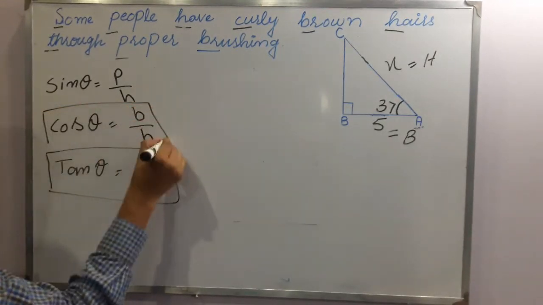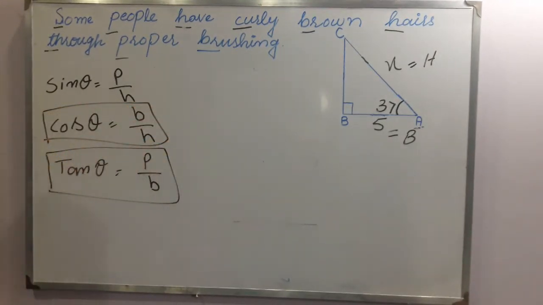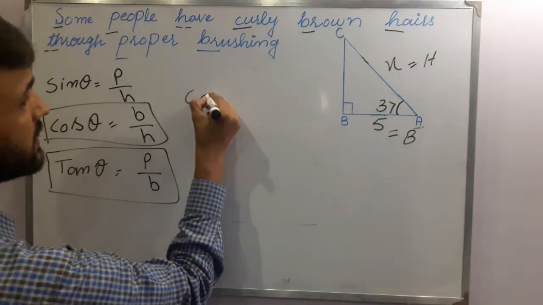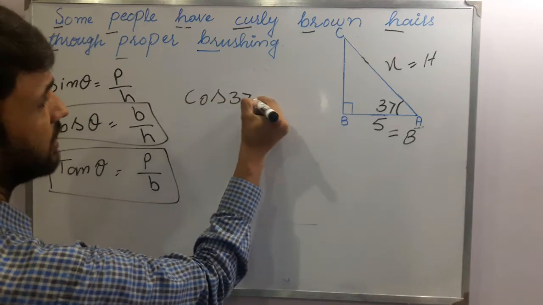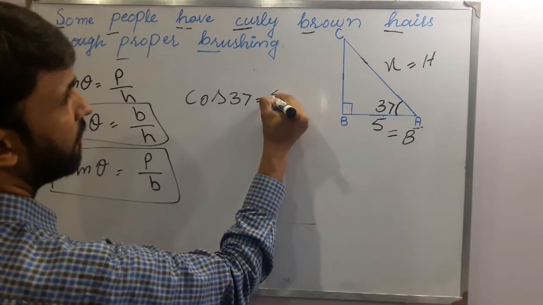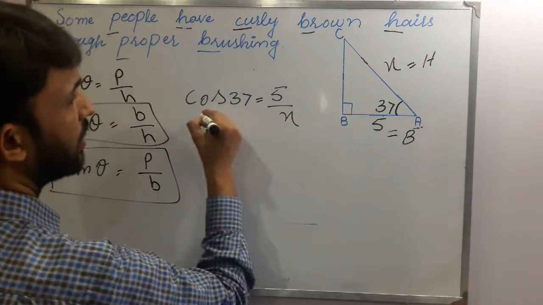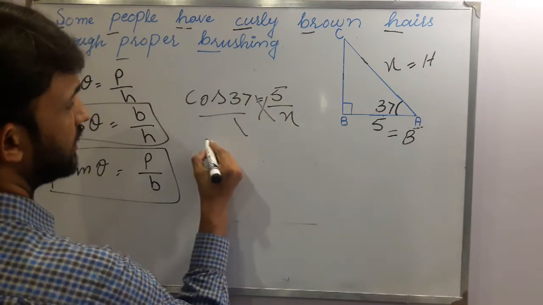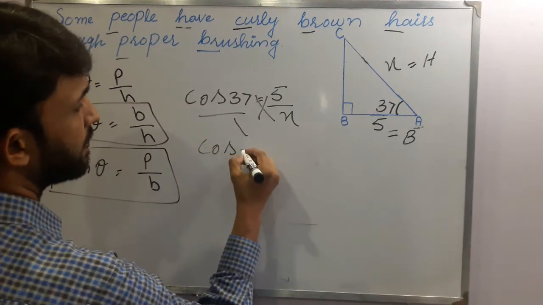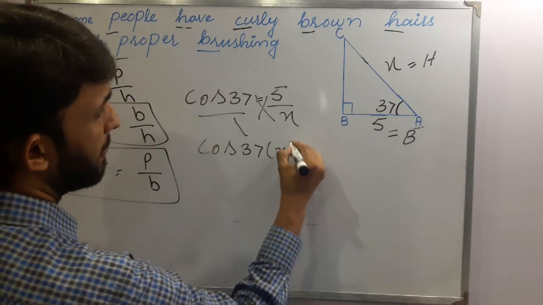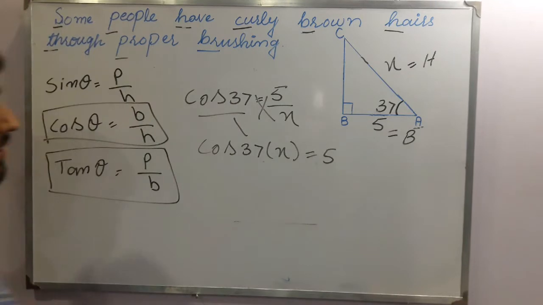This is cos theta. Cos theta is 37, base is 5 over hypotenuse is x. We will cross multiply. So cos 37 times x is equal to 5.